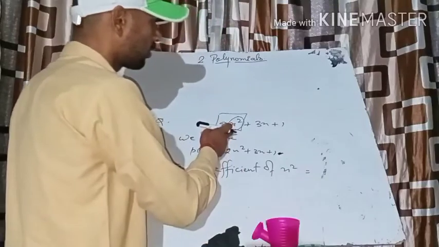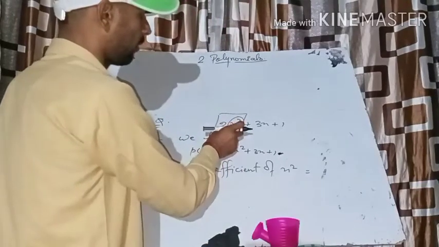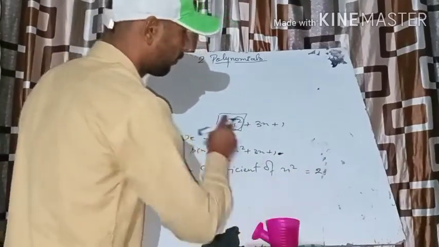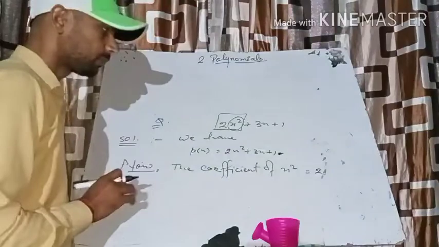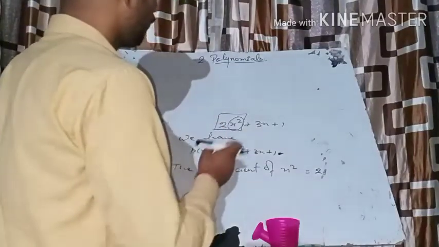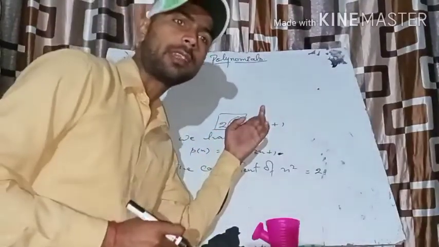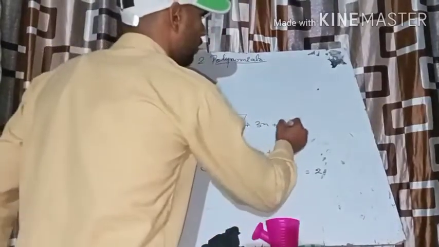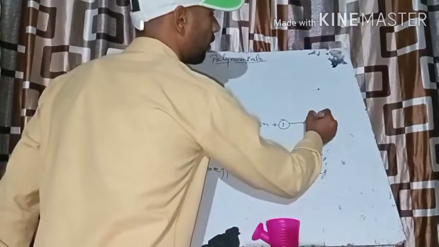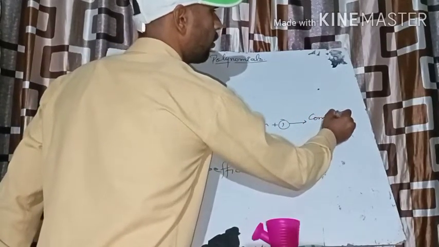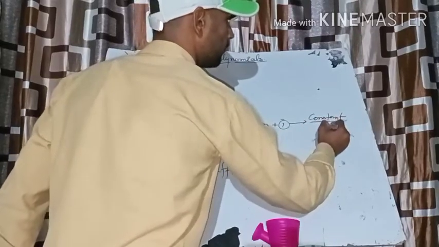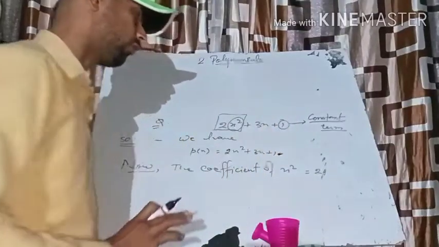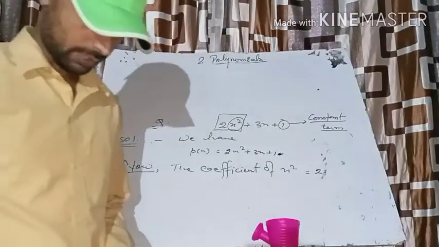Which digit lies here except x square? Only 2 from the first term. Clear? And if you have to find the coefficient of x, the value is 3. And this is known as your constant term. If the question asks about the constant term, you have to write down only the 1.